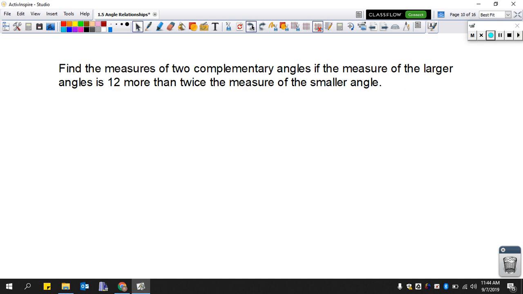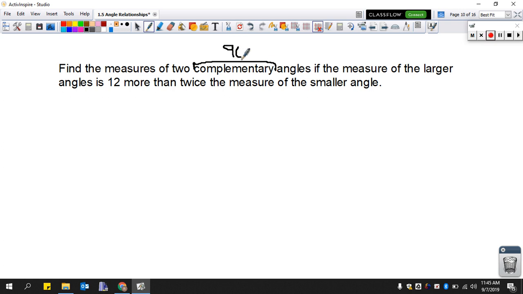Now, we can use that to solve problems that use complementary and supplementary angles. So this particular problem says find the measure of 2 complementary angles if the measure of the larger angle is 12 more than twice the measure of the smaller angle. Complementary, remember, according to the definition, complementary talks about 90 degrees.